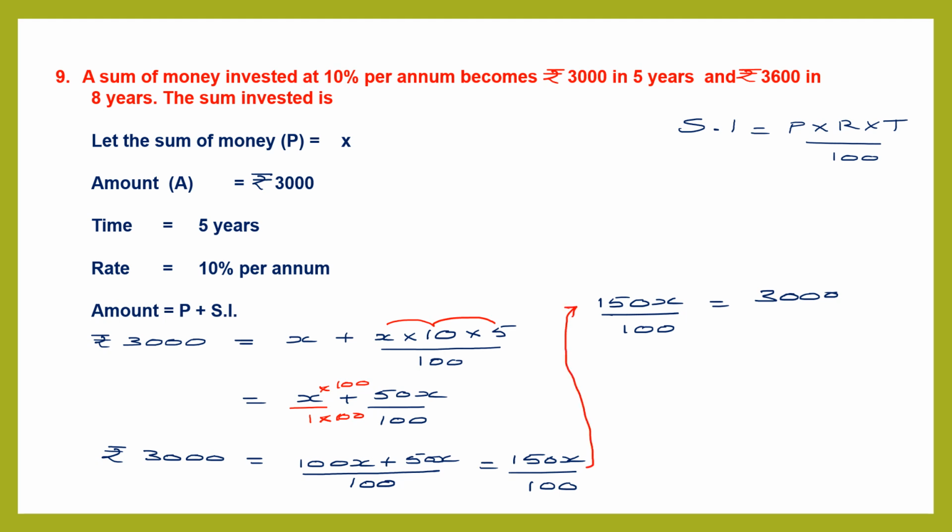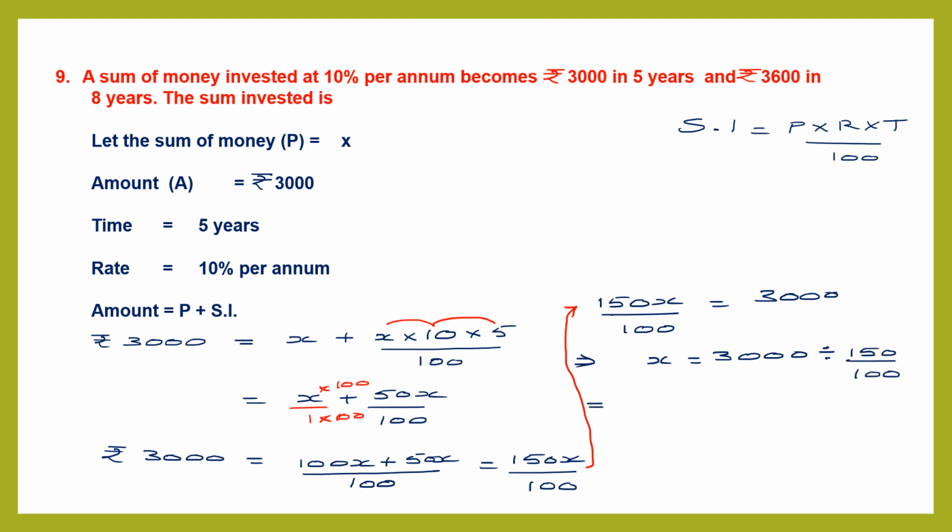Now to find the value of x, like how we did linear equations, we're going to leave x by itself. On the other side we have 3000. Now I'm going to move this 150 by 100 to the other side. Since it is multiplication, when it goes to the other side it becomes division, divided by 150 by 100.